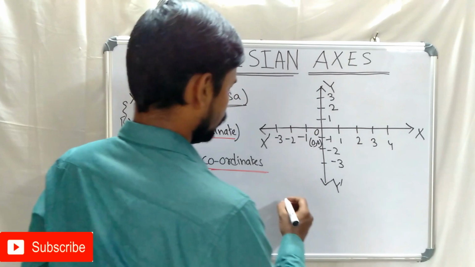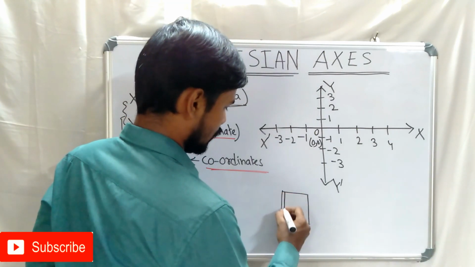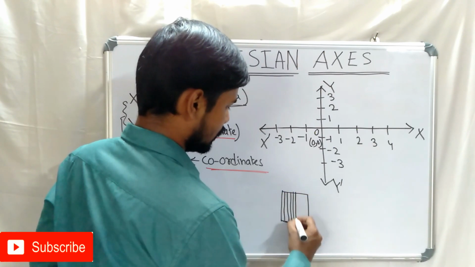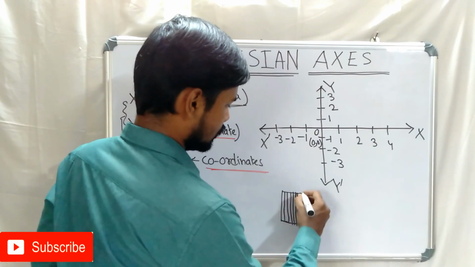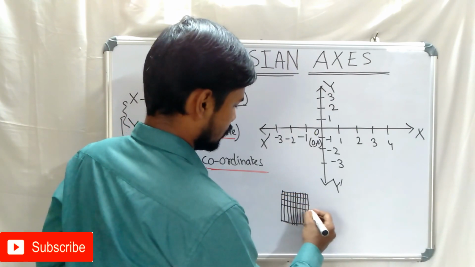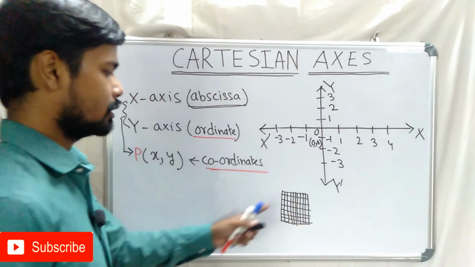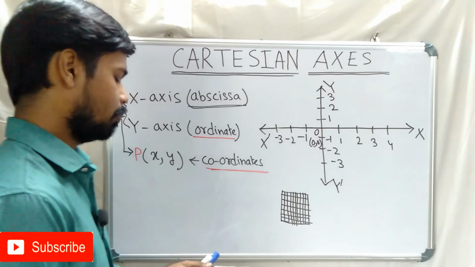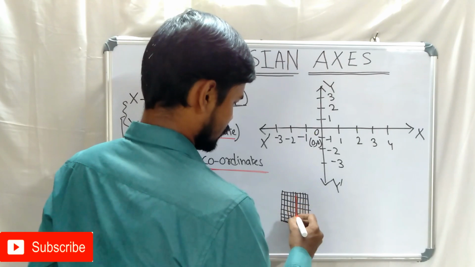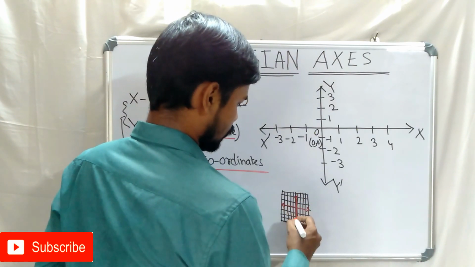Suppose you are considering the graph paper. In graph paper you may notice that the paper is divided by some vertical lines and some horizontal lines, so that some square boxes are formed. So this is, suppose, your graph paper. On graph paper we may choose any line as reference of the x-axis and y-axis.